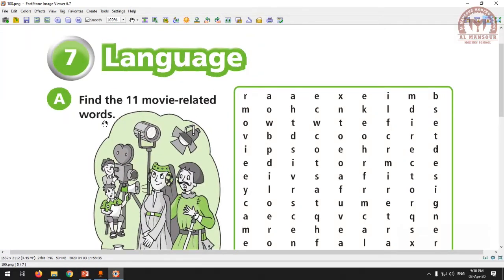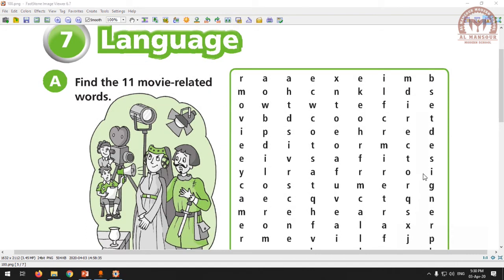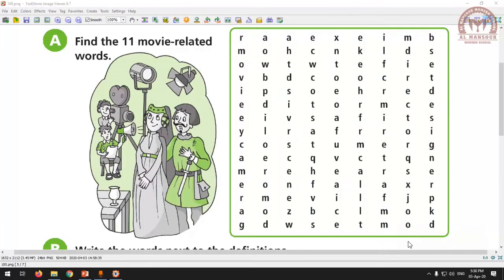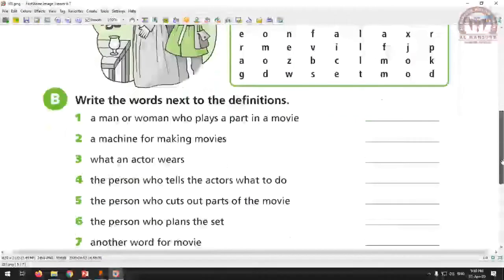Here, we're gonna find the 11 movie-related words. Okay? I'm gonna upload the answers to this on Scholera, but I want you to try to do this exercise by yourself. Let me reduce the width. Okay, so the first one we have is movie, and you can try to find the other 10 words by yourself.